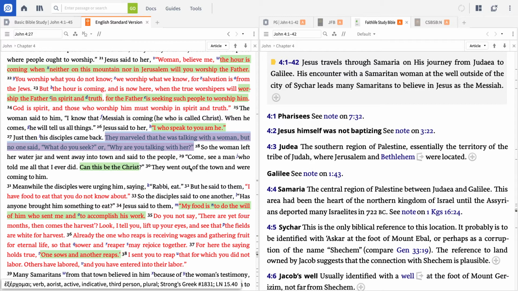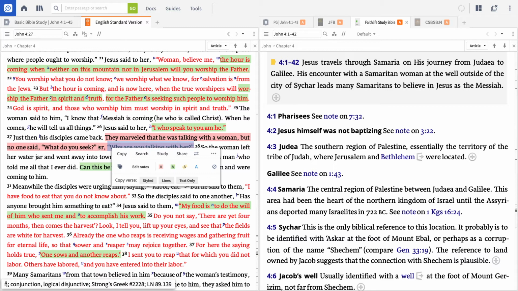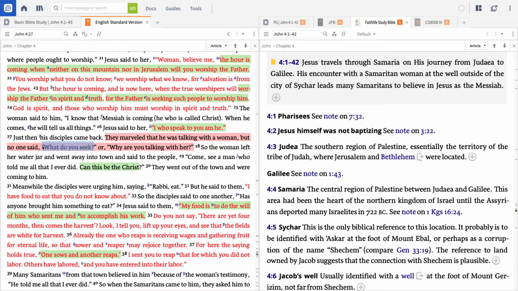And this statement is well received, because it says here, they marveled, but it doesn't appear to be negative, because at the very least, they didn't react negatively. It says that no one said, what do you seek? Or why are you talking with her? They weren't rude, well, what we would consider rude today, in asking, why are you talking to a woman?